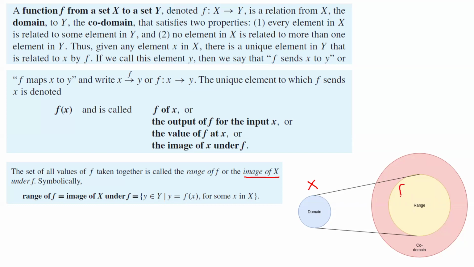So basically, this is going to be f of capital X, which is part of a larger set that we call Y. So that's the difference between X, Y, and f of X in general. The range of f is the image of X under function f, which is the set of all y values in Y such that y is equal to f of x for some x in X.